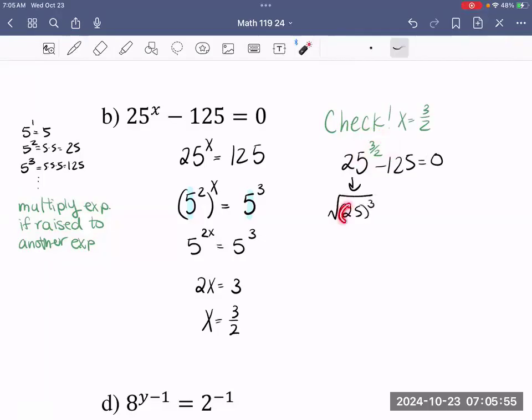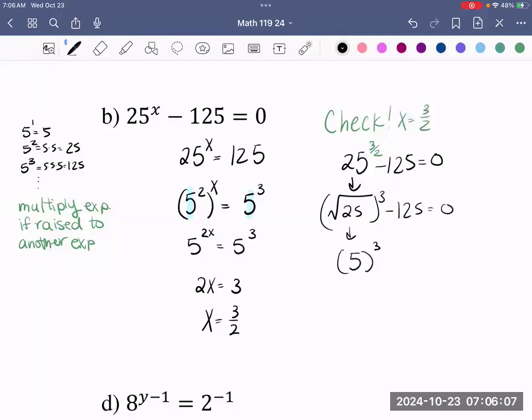Now, would we rather cube this 25, or would we rather square the 25 and then cube it? Well, perhaps we want to square the 25 first, so that'll give us 5 cubed minus 125. Well, that's 125 minus 125, which is equal to 0, which again is a true statement.